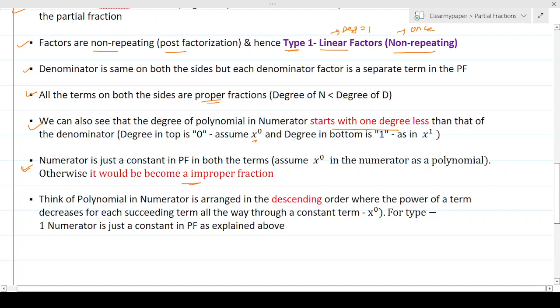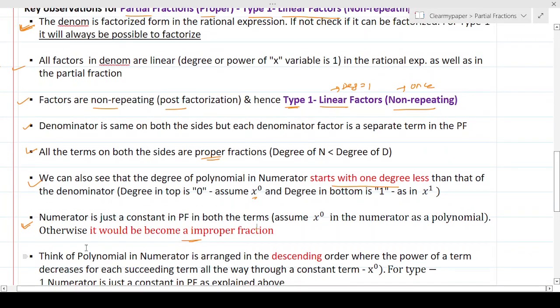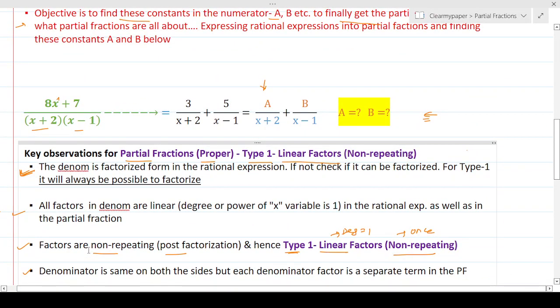And like I said, have the notion of thinking of the whole partial fraction as a ratio of polynomials in descending order. For example, if you see here on the left hand side, we have x to the power 1, and plus we have something which is x to the power 0 with some coefficients.